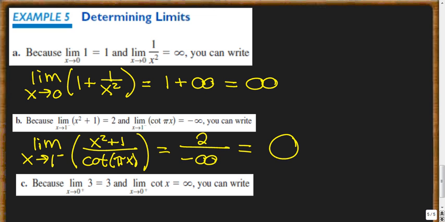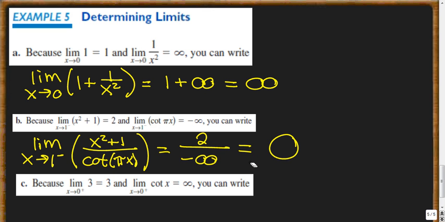Even though you've got this negative down here, any number divided by an extremely large negative number is going to be very, very close to 0, just like it would be if it was positive. So the limit is trending towards 0.